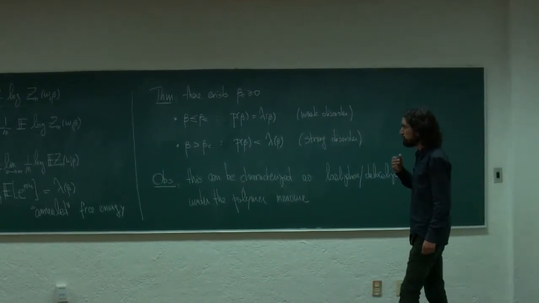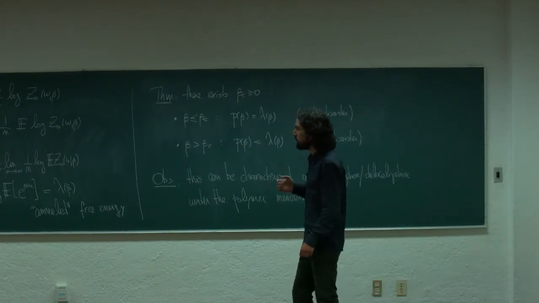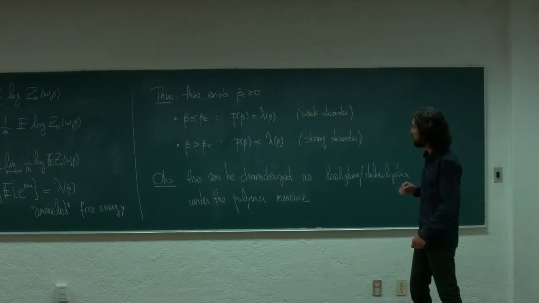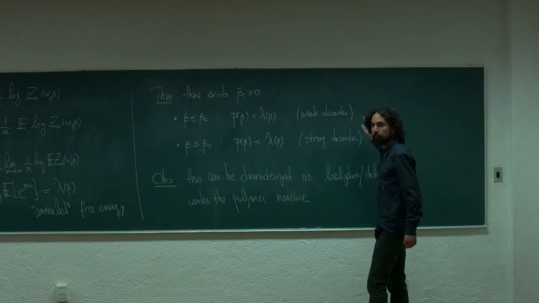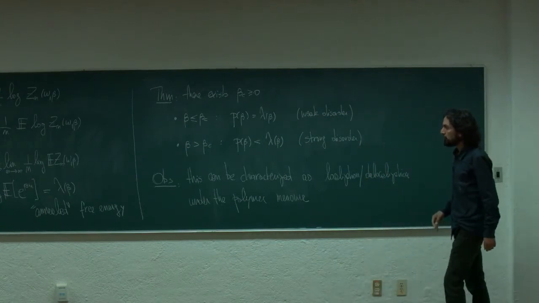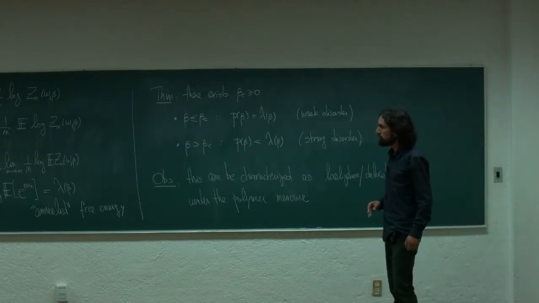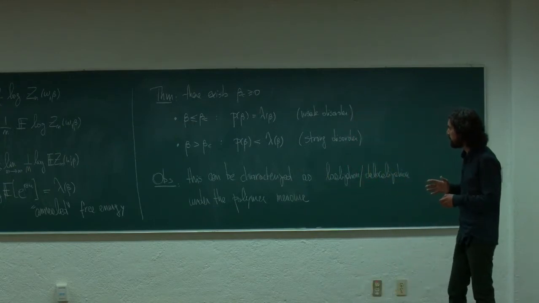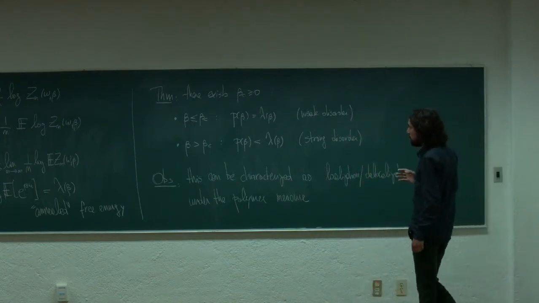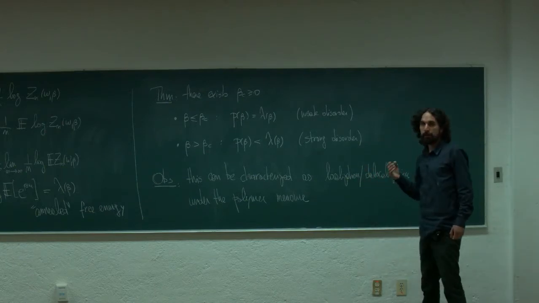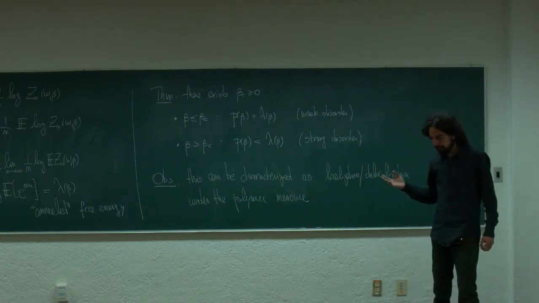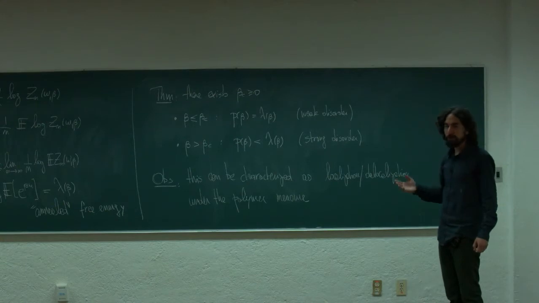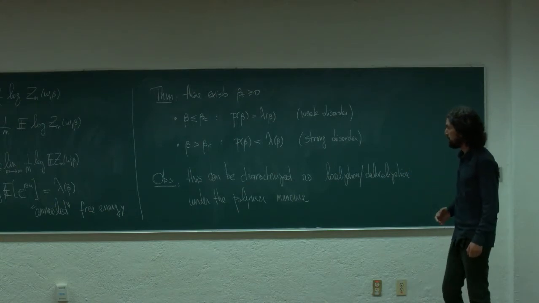This was improved later by Comets and Yoshida to an annealed version of the central limit theorem in the whole weak disorder region. And in the strong disorder region, there are results of Carmona and Hu and Comets and Yoshida, where you can show that the polymer measure has atoms. So there are favorite sites that carry most of the mass of the polymer measure.